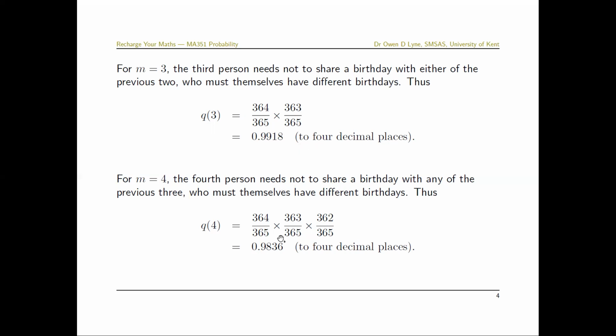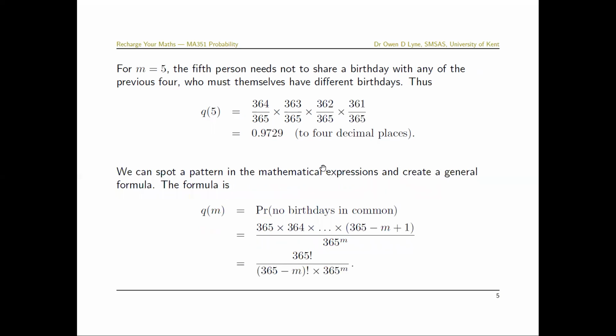So this probability is slowly going down. M equals 5. I had one more term, 361 over 365. And as you'll see, each time these fractions are slightly smaller, they'll make the expression smaller again and again. And at this point, that reduction is accelerating a little bit. So Q5 is 0.9729. This probability has gone down a little bit more each time.